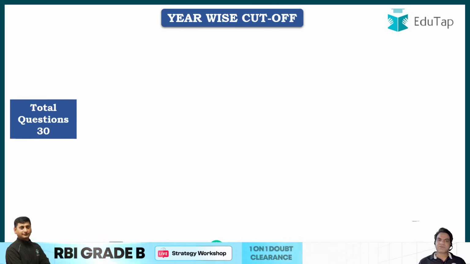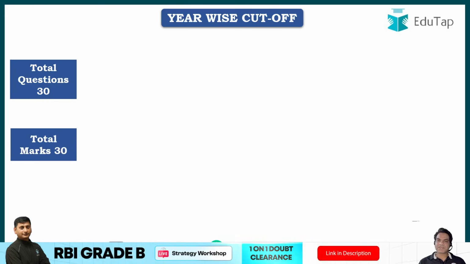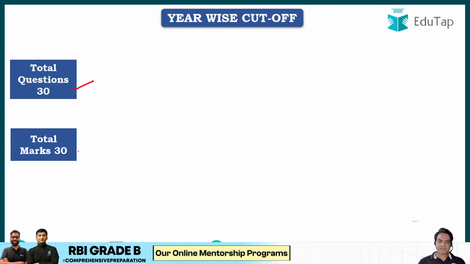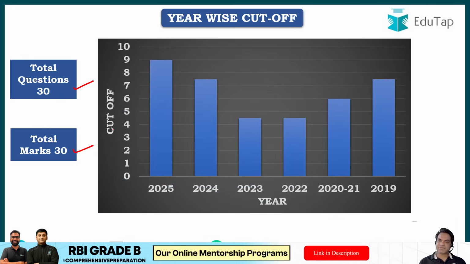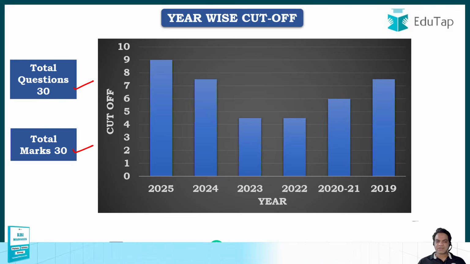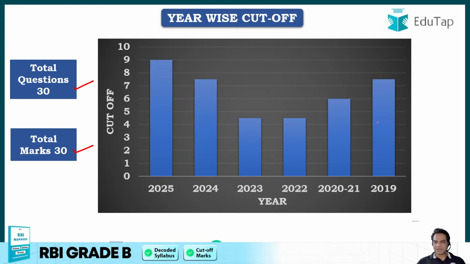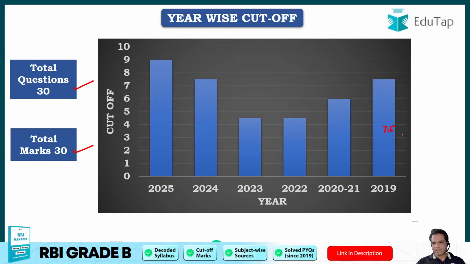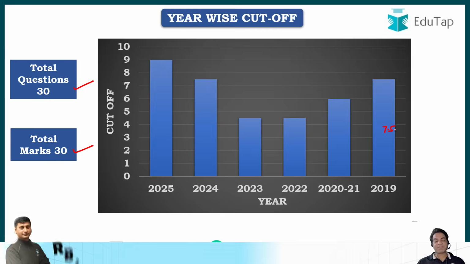So guys, first of all, let's understand the year-wise cutoff for English language. Now, there are 30 questions in English language and the weightage for every question is 1 mark, right? And there are 25 minutes for English language. So, what has been the cutoff in the previous years in RBI Grade B exam? Now, guys, in 2019, the cutoff was 7.5 marks. I'm talking about 2019 before the pattern changed.